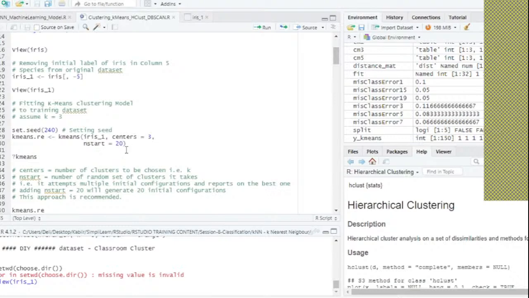So it attempts multiple initial configurations and reports on the best one. This is nstart. So you mention nstart, and then you run this K means clustering.